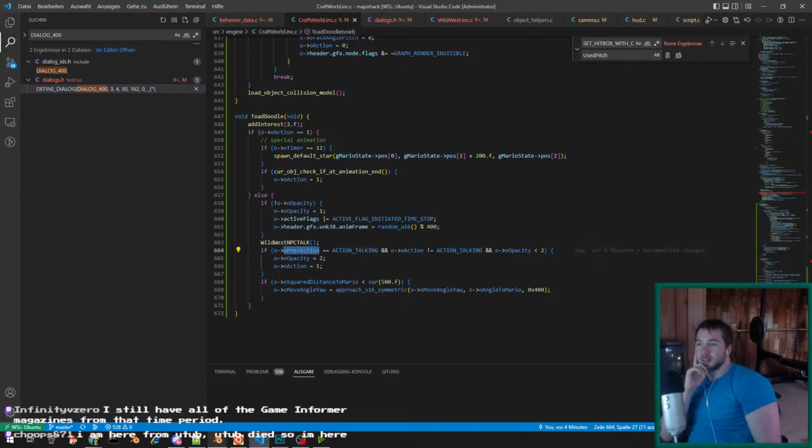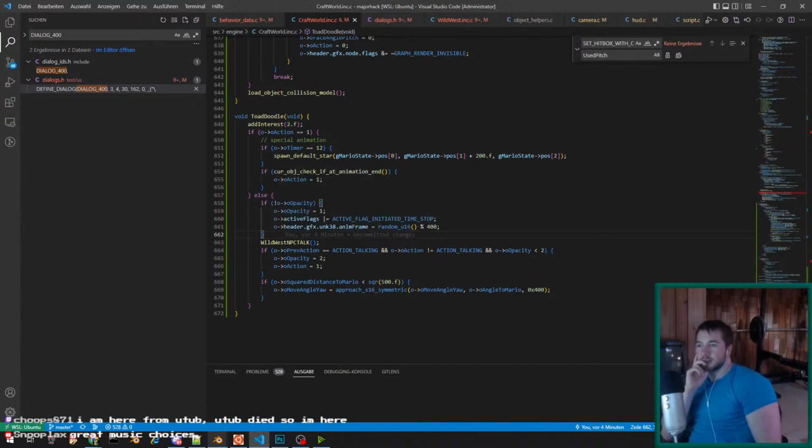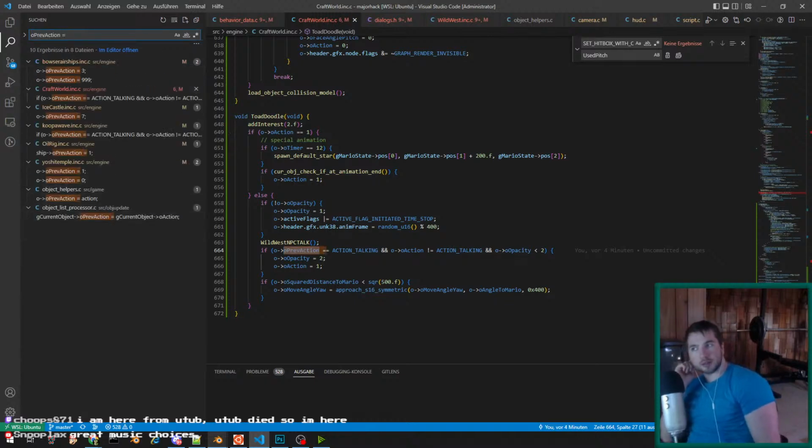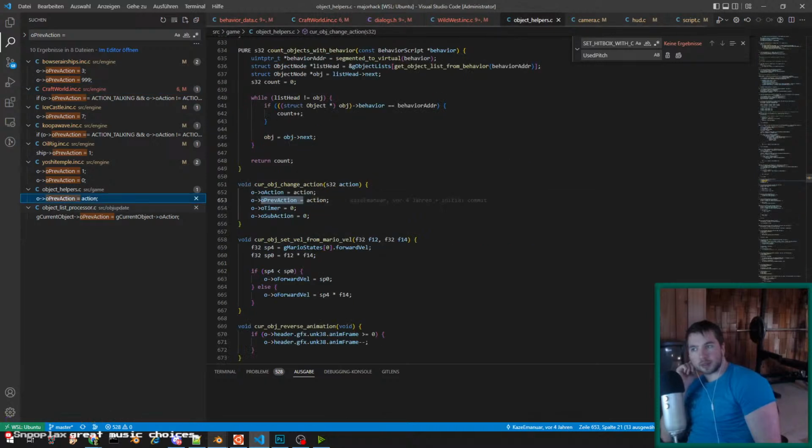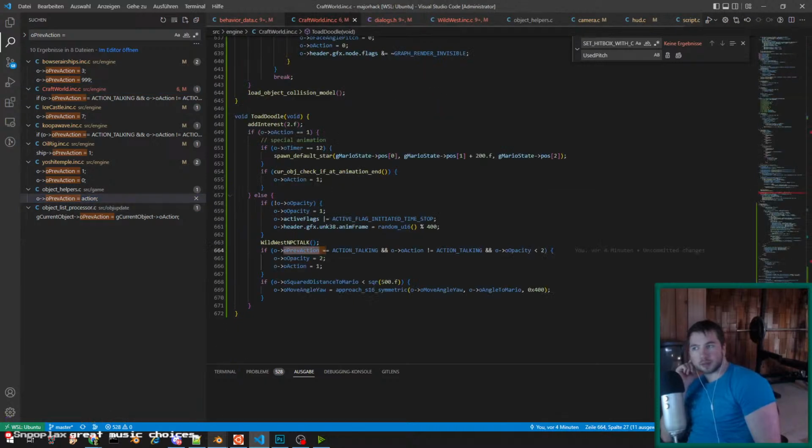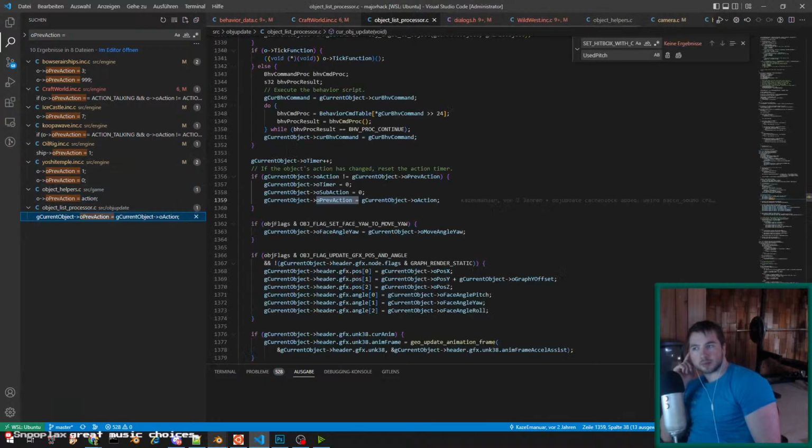Previous action should be action talking. And now it's no longer action talking. I can just make a variable on stack for this, but if I can avoid that, I will. Yeah, it's set here.